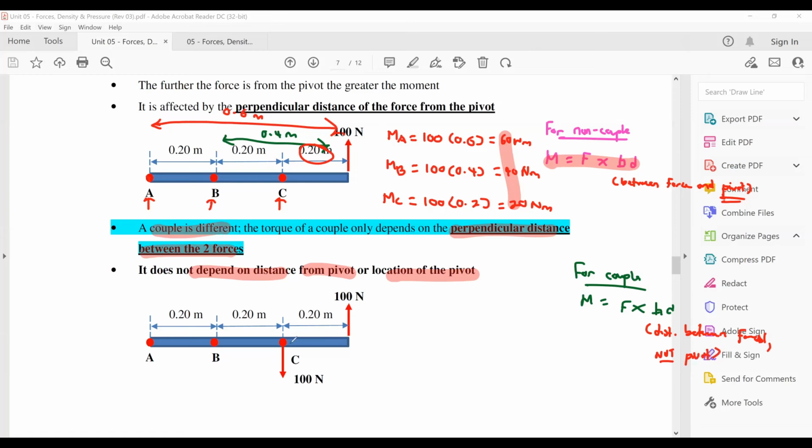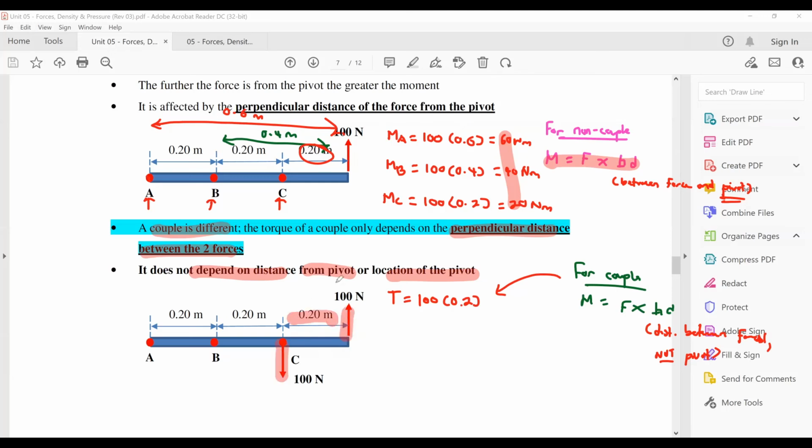Okay, so now if I look at this one right now, my torque is just going to be 100 times 0.2. If I use the same formula, my couple right now is this one.